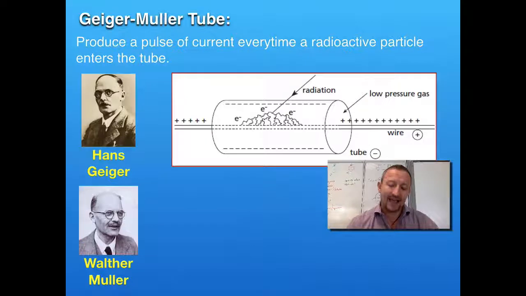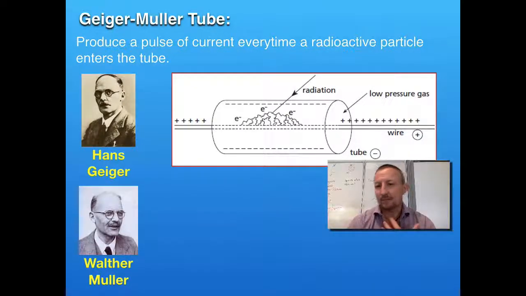You can calibrate the Geiger-Muller tube to detect specific types of radioactive samples. Obviously, the more ionization that happens within the tube, the more an electrical current is going to flow. And again, it's counting the number of charges which are generated as it flows through the tube.